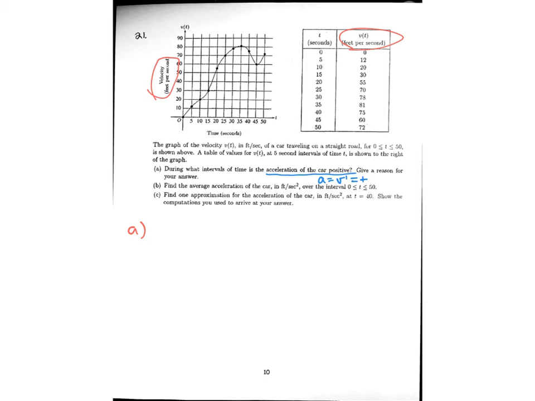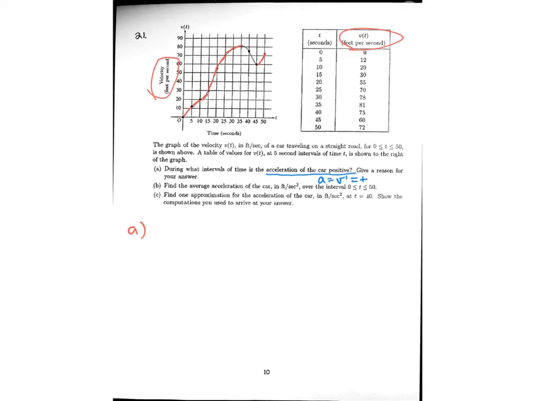And if we look at our graph, we see positive slopes right there, right there, right there, and so on, right up. And then we see some negative slopes, but we go back to positive slopes along that interval.